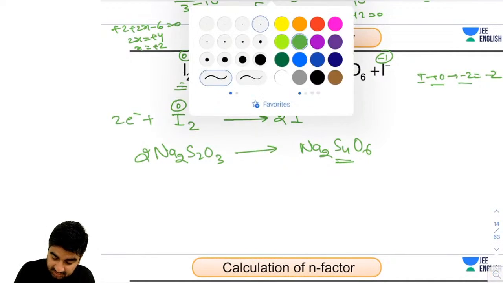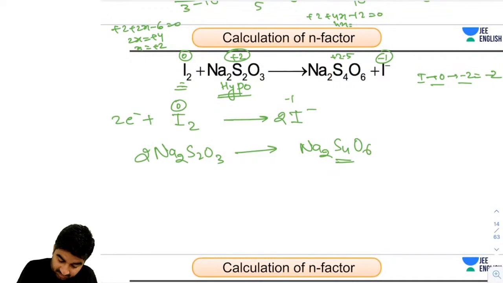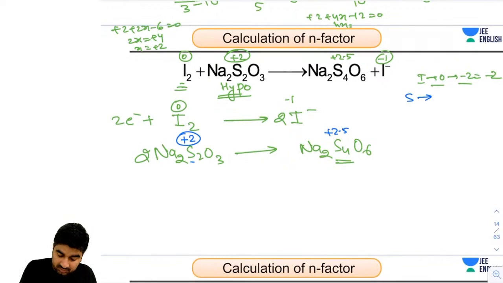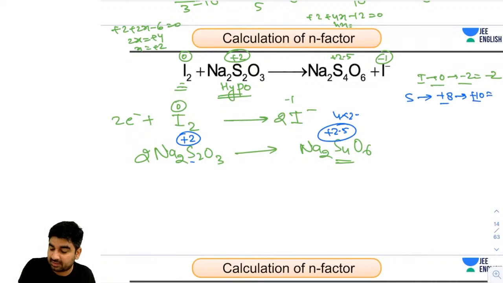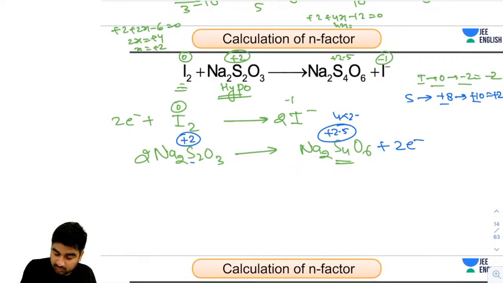Here sulfur will have plus 2 and here it will have plus 2.5. Now the 4 sulfur will have plus 8 and 4 into 2.5 will have plus 10. So plus 10 minus 8, it would be plus 2. So guys, it is losing 2 electrons.